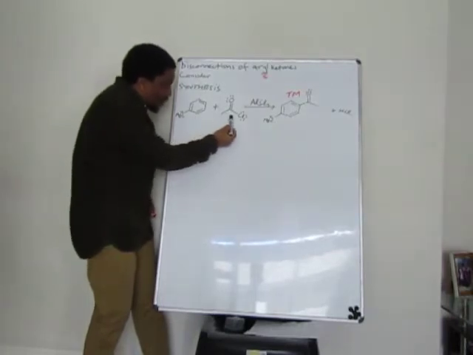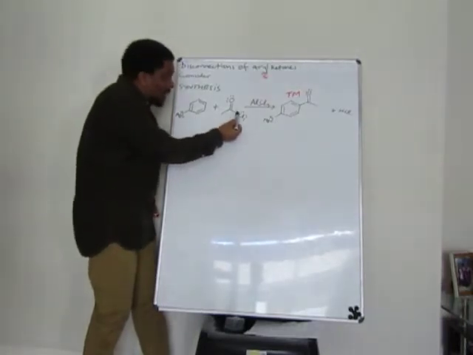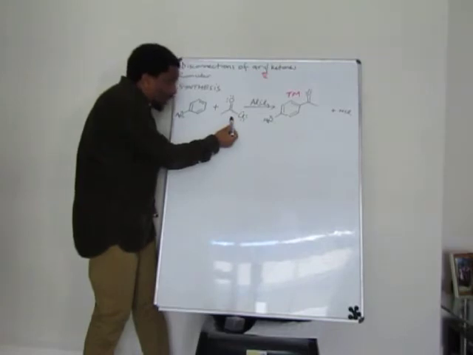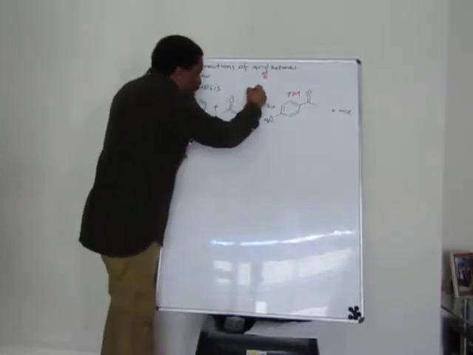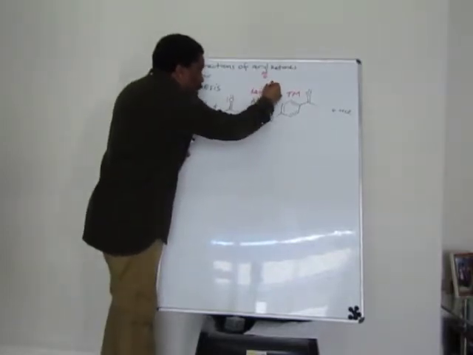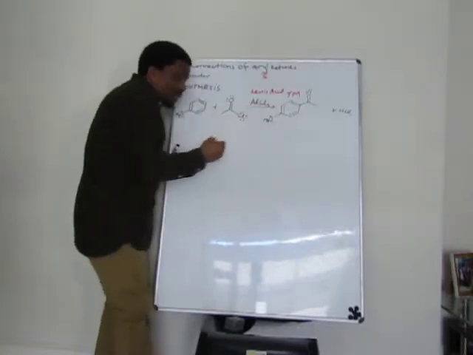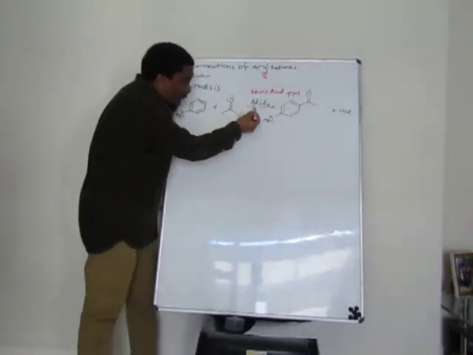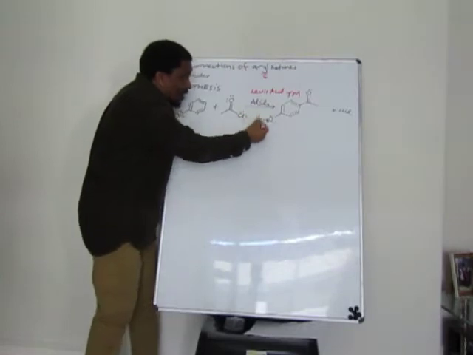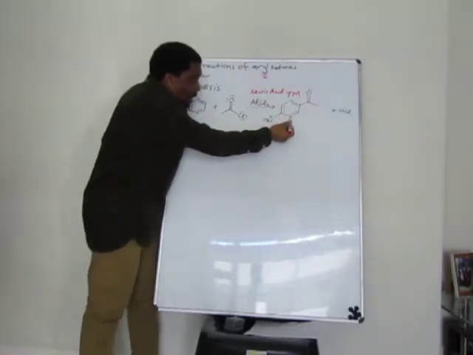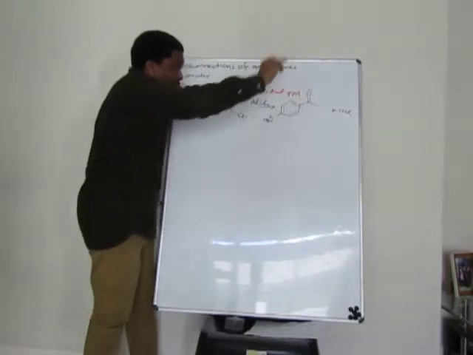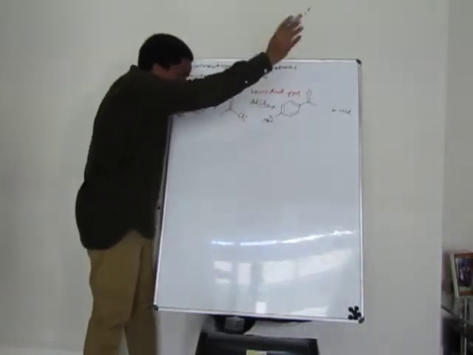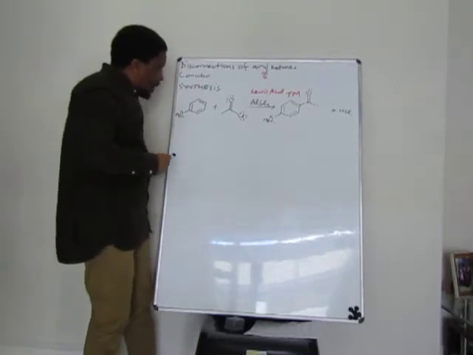Then you treated this with an acyl group, in the presence of a Lewis acid, in this case AlCl3. Then we will generate this target molecule that we want, plus your byproduct there, right?